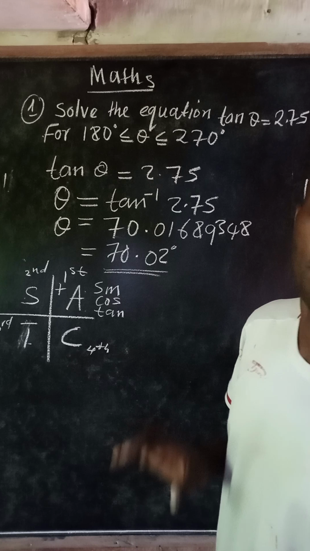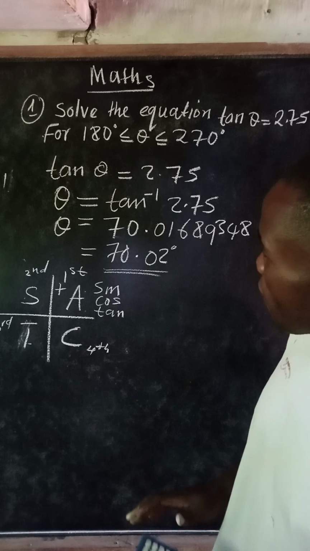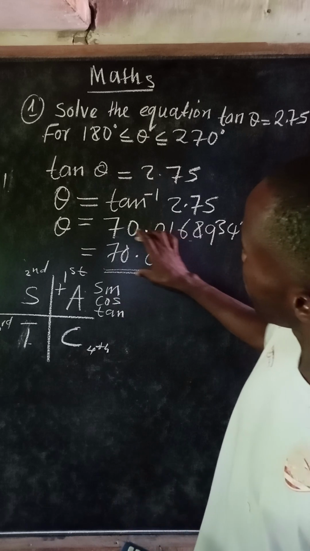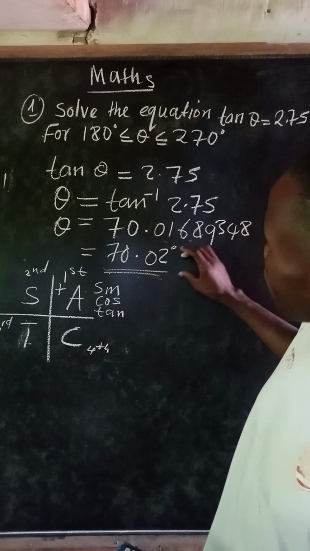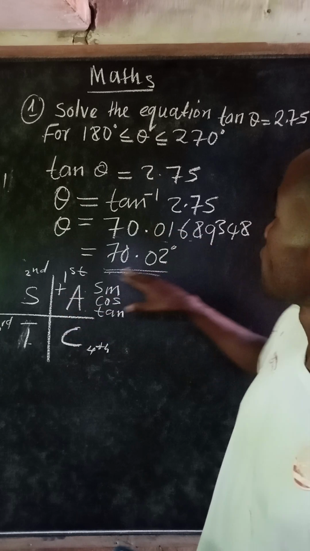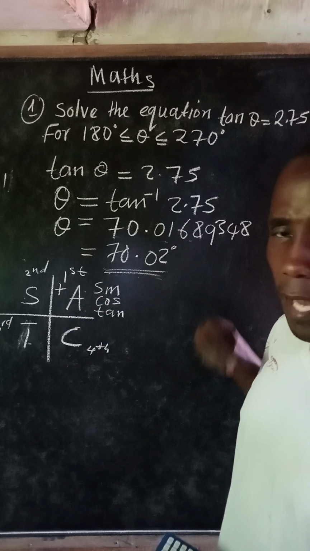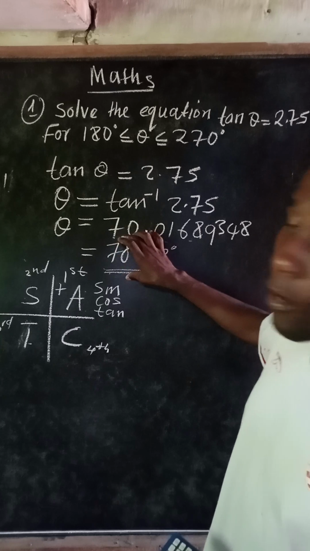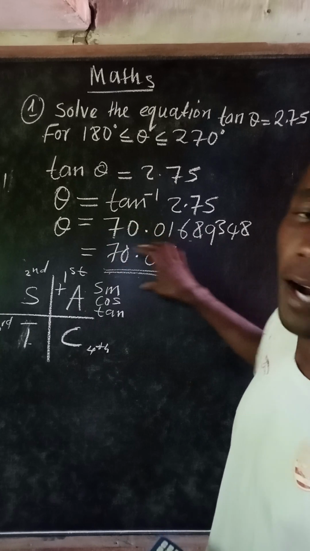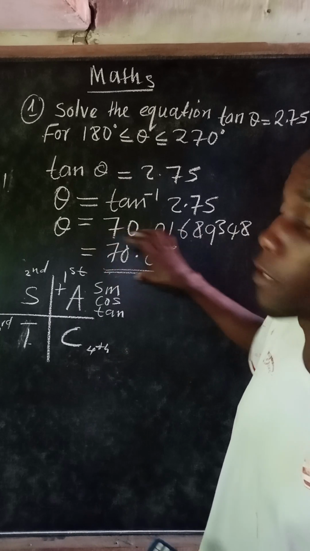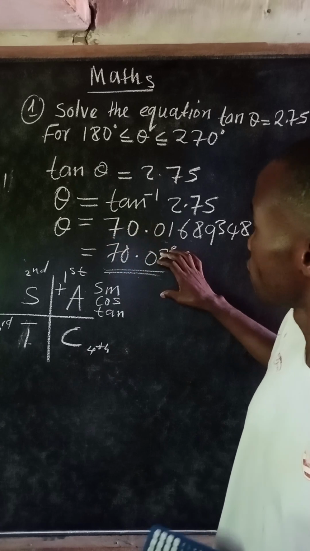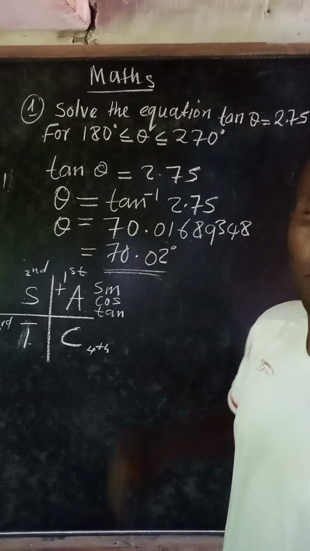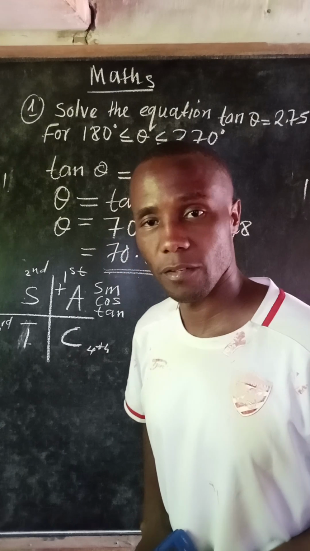Those are the values according to the quadrants. So now, since you have found the value of theta in the first quadrant, and it is positive, this angle that you have found is the reference angle, and it is found in the first quadrant where tan is positive, it means this one is going to be part of the solution, okay?